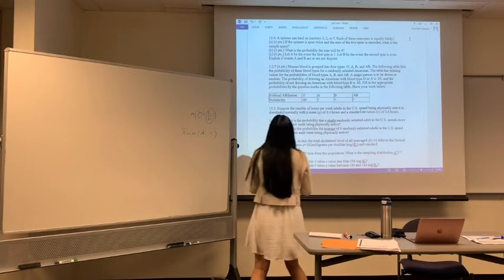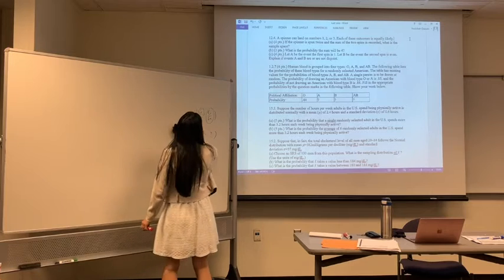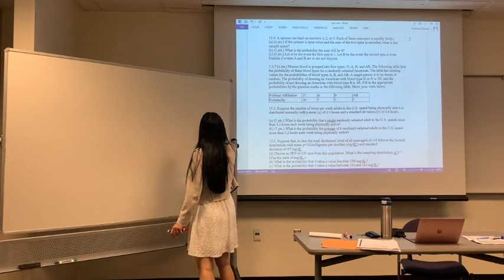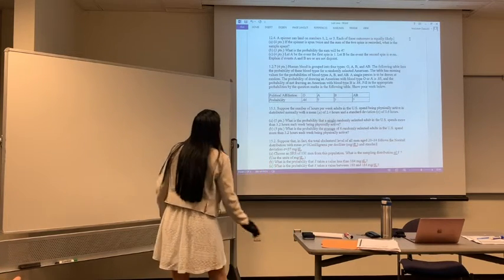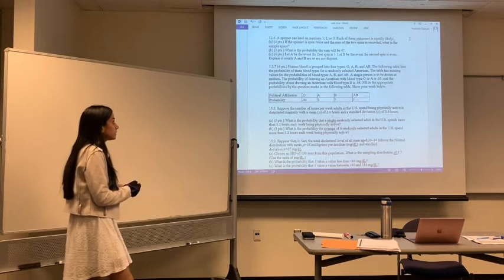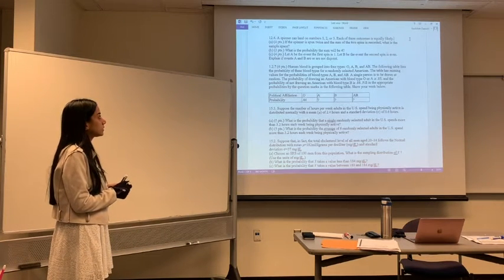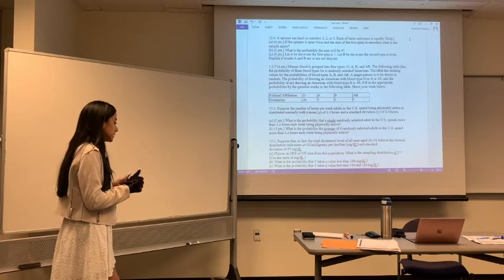Okay, so the first one says we have a spinner that can land on 3 numbers: 1, 2, 3. Each of these outcomes is equally likely. It says if the spinner is spun twice and the sum of the 2 spins is recorded, what is the sample space?